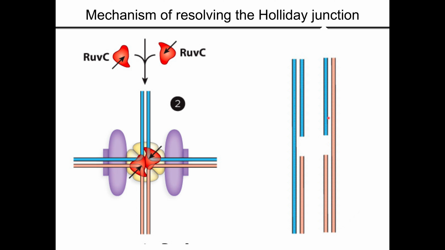One will be an intact red or orange, and the other will be partially blue, partially orange. So if the RuvC molecules bound at a 90-degree angle, so instead of binding here, they bound in this direction, we would get the opposite cut to resolve the Holliday junction.